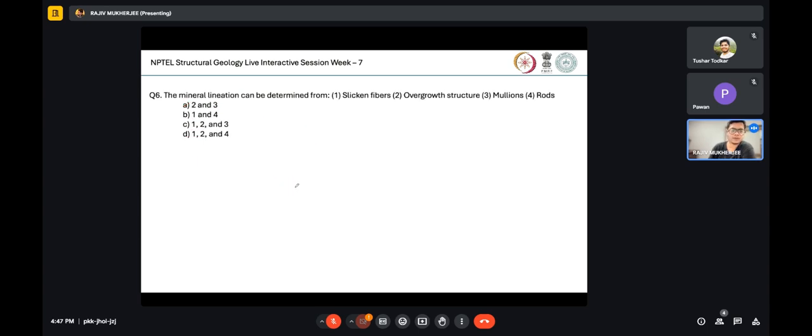Okay, so the sixth question says the mineral lineation can be determined from: one, slickenfibers; two, overgrowths; three, mullions; and four, rods. The options are: A, 2 and 3; B, 1 and 4; C, 1 to 3; and D, 1 to 4.